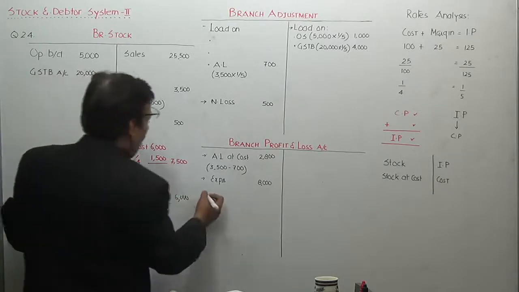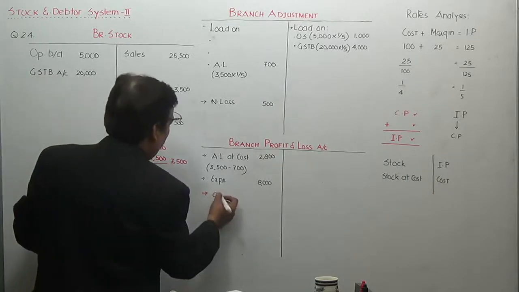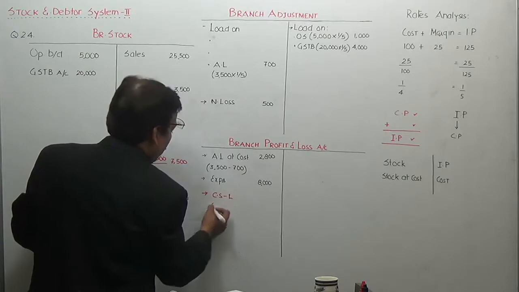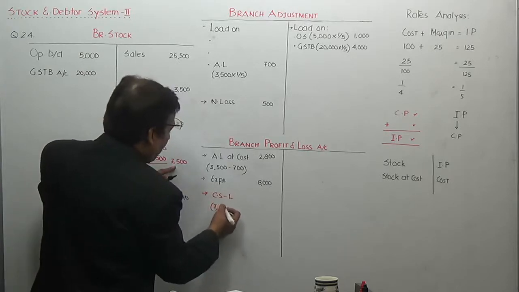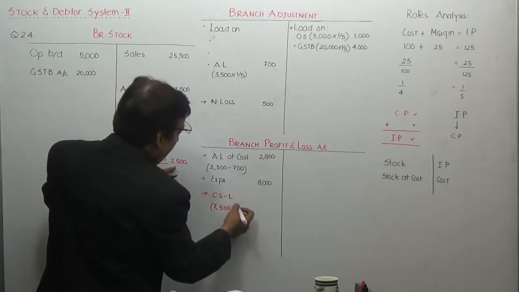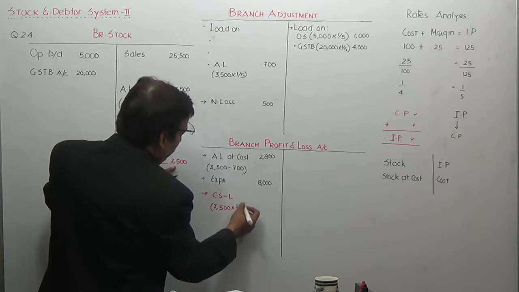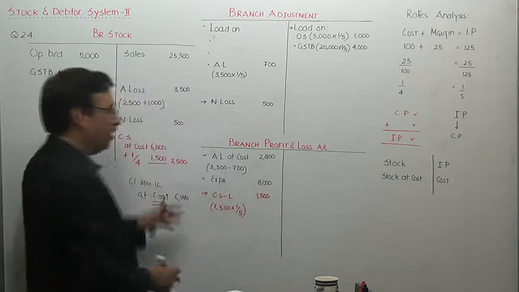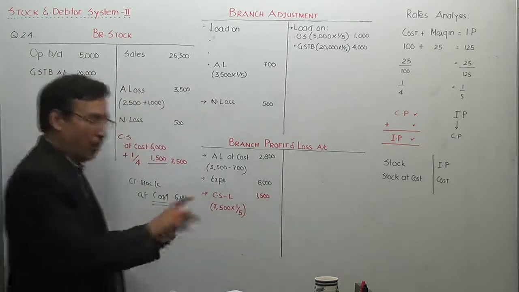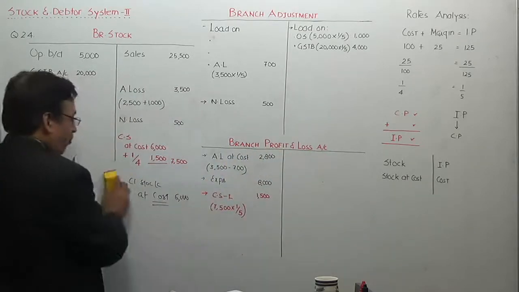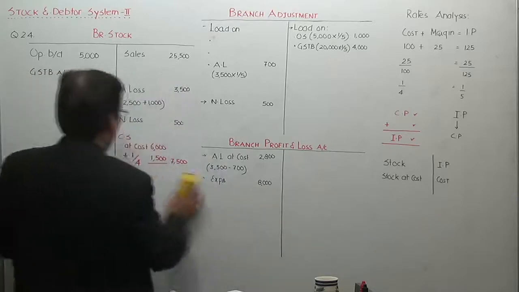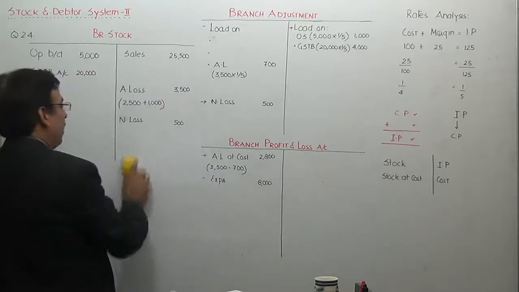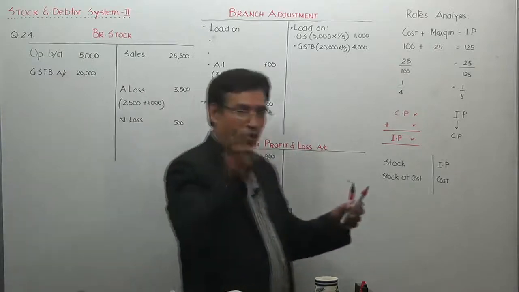And its loading I would have written over here, closing stock loading. Now it is invoice price, so in order to compute the loading, I will use the rate of loading on invoice price, which happens to be 1,500. Is it clear to you or not? But in this question, let me see whether it is given at cost price or at invoice price. That you will decide now.